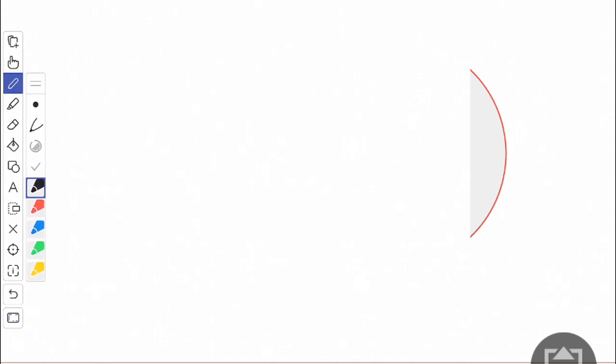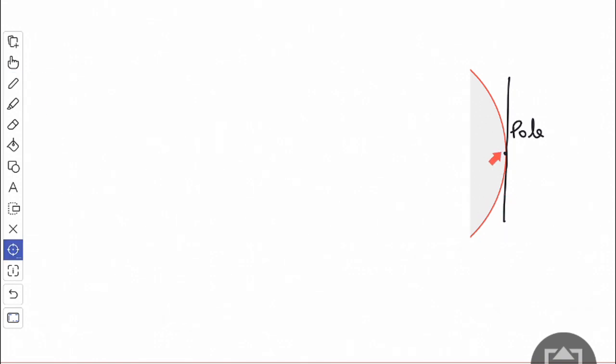So let us say this is the center point. What is the center point called? This point is called a pole. Now if I take a surface which is just touching this point, so this surface is tangent, right?